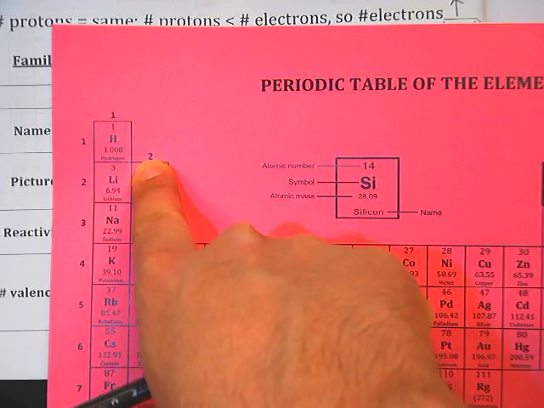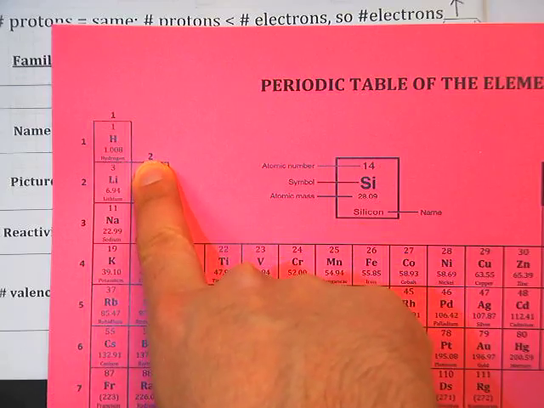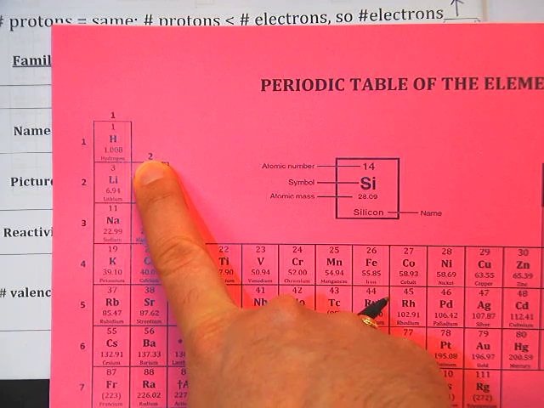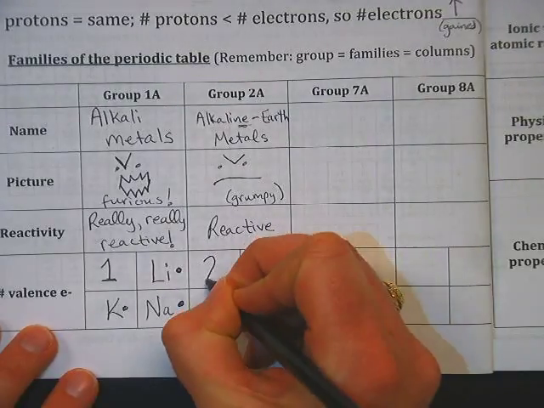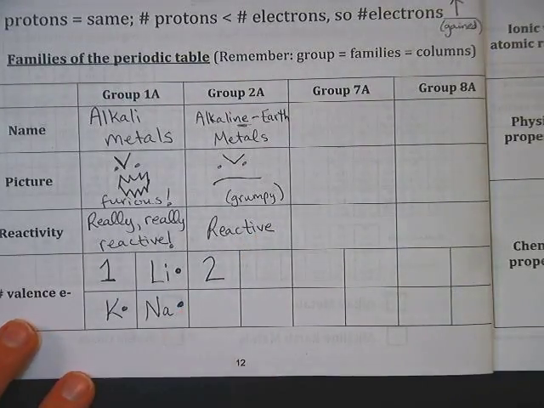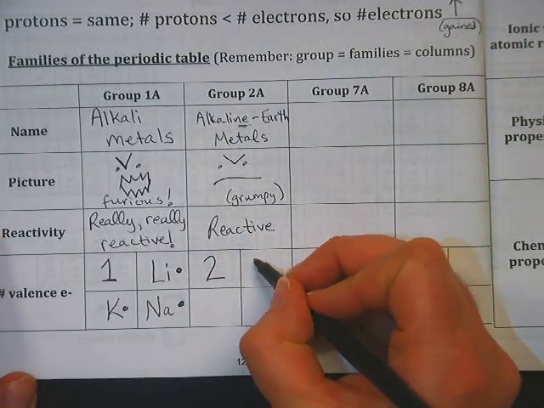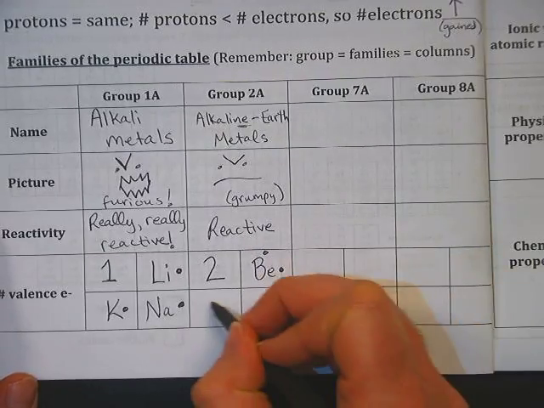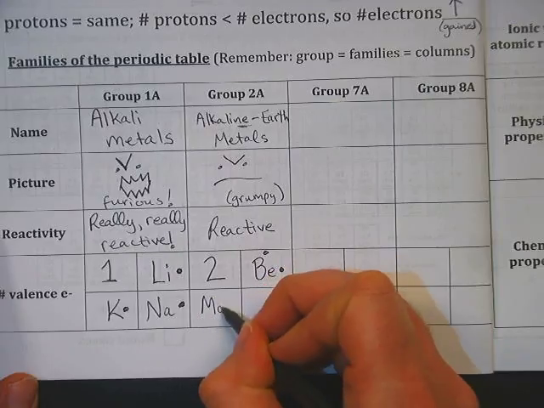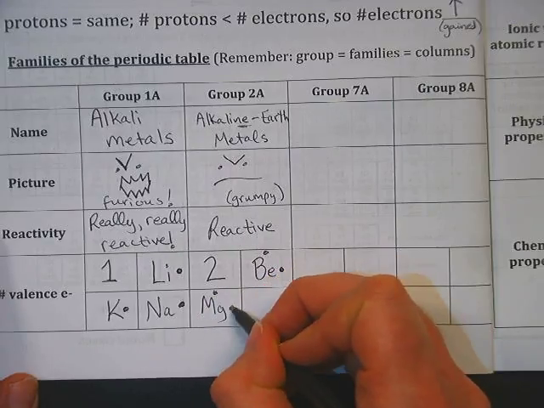The number at the top of the column, look where I'm pointing. So 2? Yes, that's it. When we draw those, they each have 2 valence electrons, so we draw 2 dots.